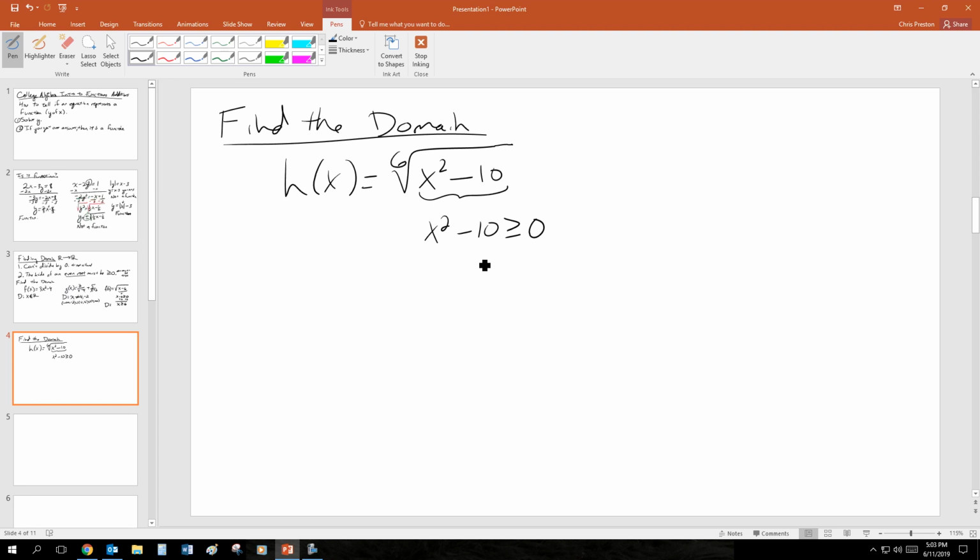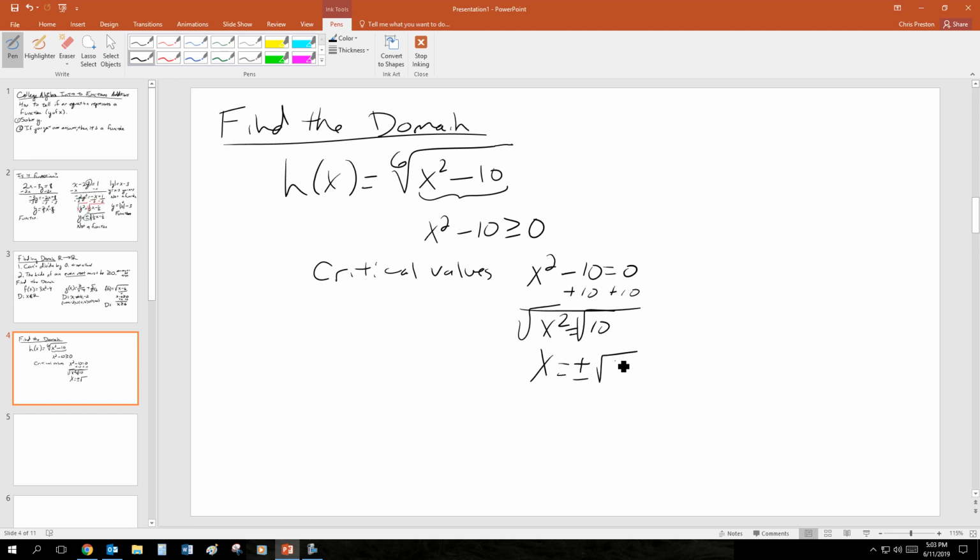Now, this type of problem, what I'm going to do is, this is a nonlinear inequality. I need to find the critical values. So I'm going to solve x squared minus 10 equals 0. I'm going to add 10. X squared equals 10. Take the square root. My two critical values, because remember, plus or minus square root of 10.